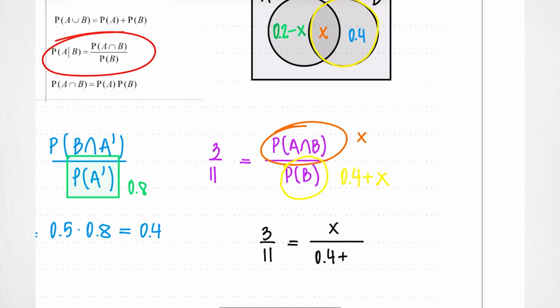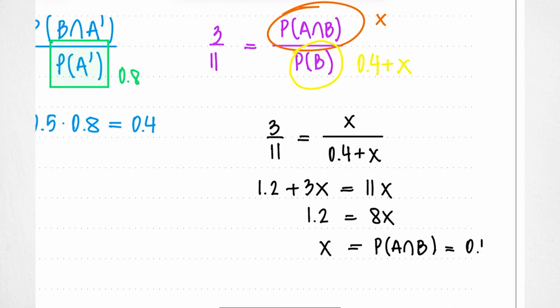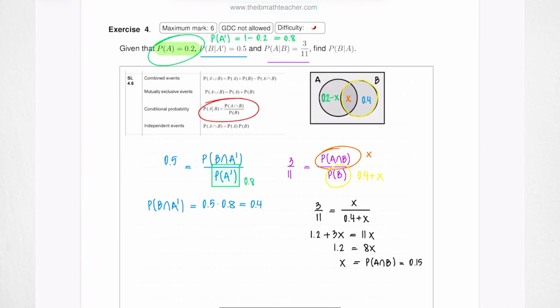So we have 3 over 11 equal to X over 0.4 plus X. If you cross multiply, you get 1.2 plus 3X equals 11X, which means that 8X is equal to 1.2. Therefore, X, which is the probability of A and B, is equal to 0.15. And we're not done just yet.